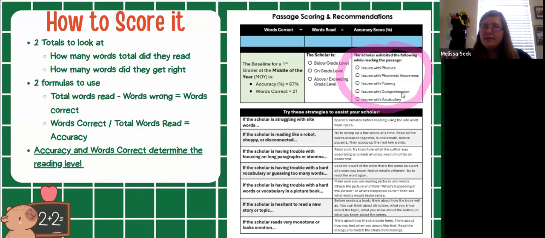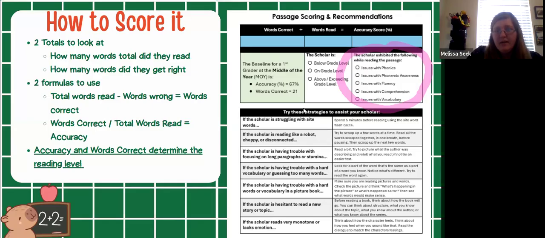But it is not required for every single one of these. It really is at your discretion. And then, of course, issues with vocabulary. Are they really struggling with irregular words, big words, stuff like that?